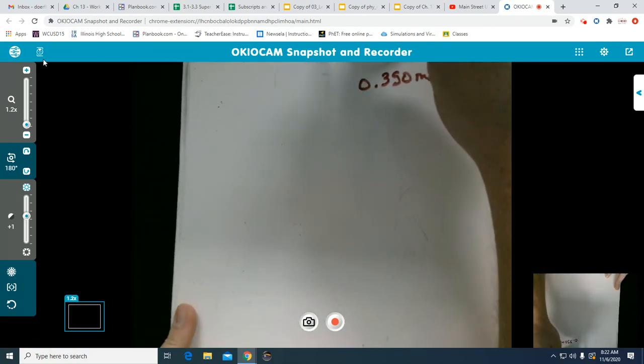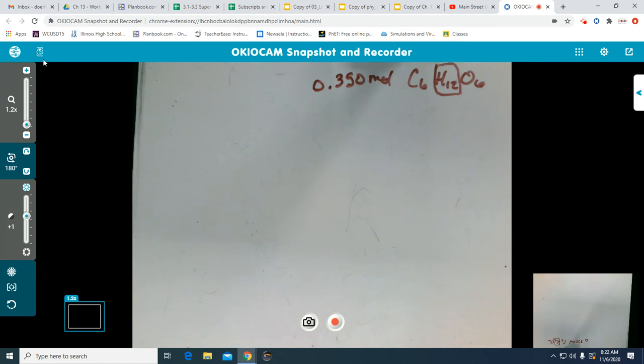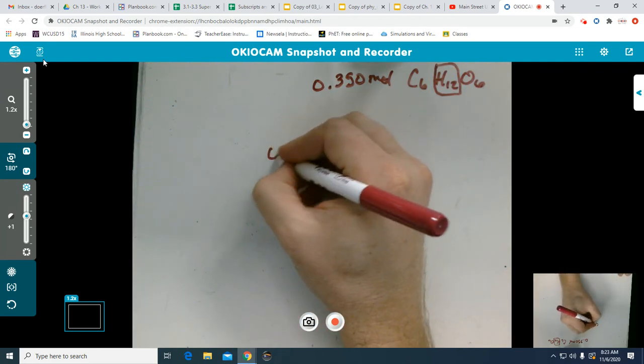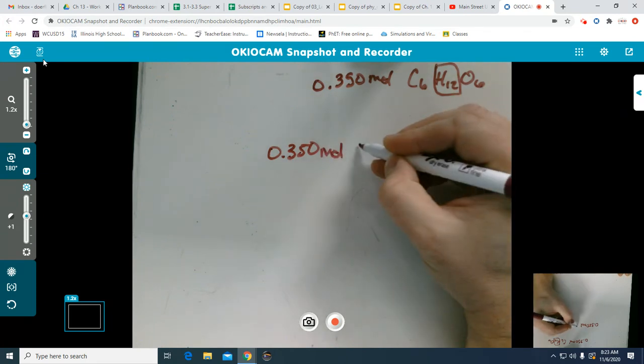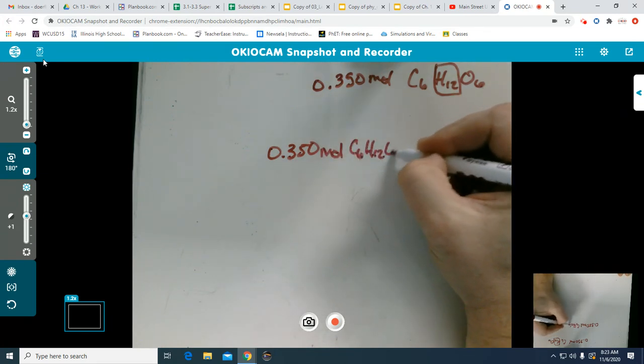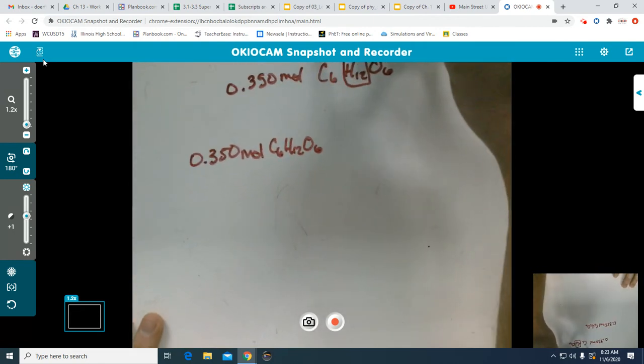Just like in dimensional analysis, what is the first thing that we write down? Exactly, the stuff that we already know or what we're given. Okay, and really the only thing we're given is that we have 0.350 mole of C6H12O6. Okay, I'm gonna try to move that in here.